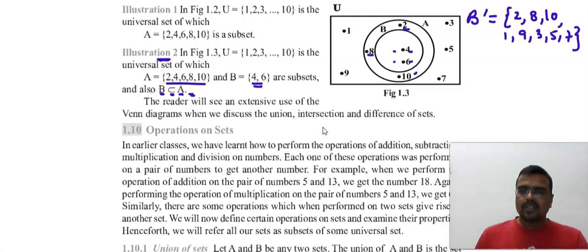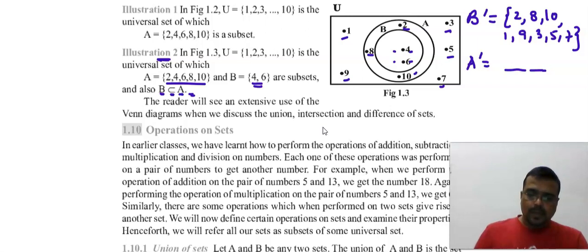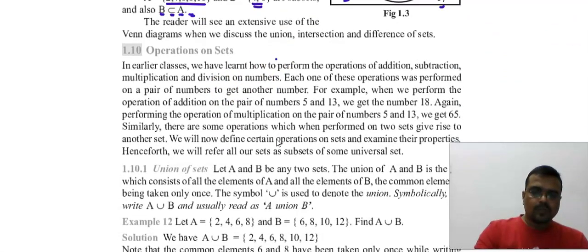Whatever is not inside the circle B will come in B complement. What is A complement if I ask? A complement, as we have discussed before, is 1, 9, 3, 5 and 7, right? I'm not writing that. Let's move on.